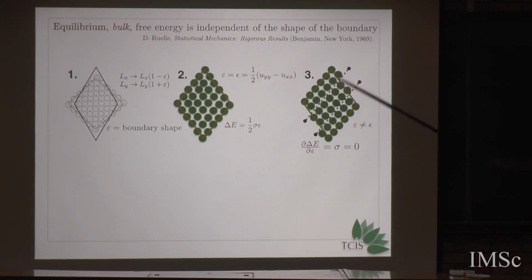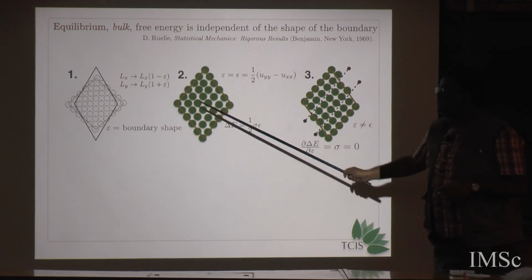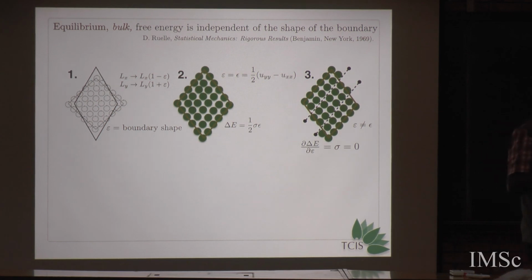And if this solid was very large, then the surface to volume ratio would have gone to zero. So in the thermodynamic limit, the energy would not depend on the shape of the boundary. So in the thermodynamic limit, the rigid response does not exist. So rigidity of a solid is always a consequence of a metastable minimum.